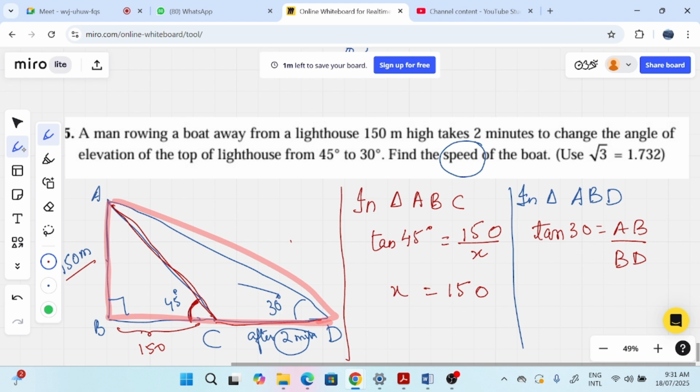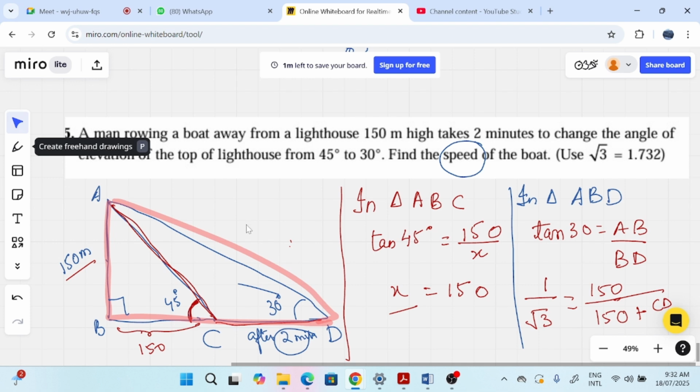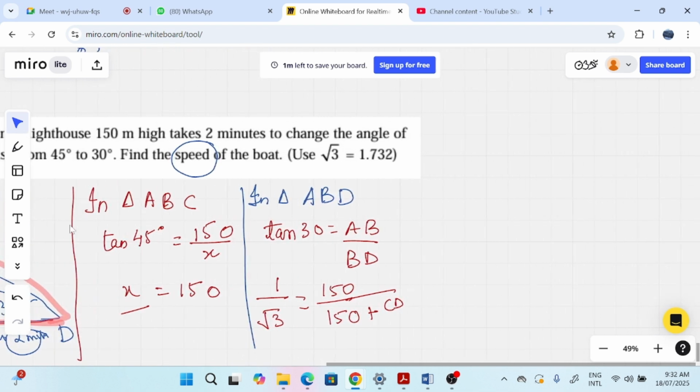Tan 30 is how much? 1 by root 3. AB is 150 and BD is 150 plus CD. I have taken it as X. Or else you can take Y, whatever you feel.